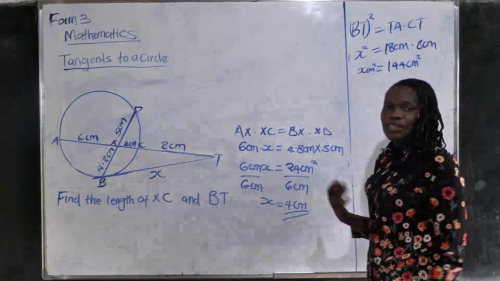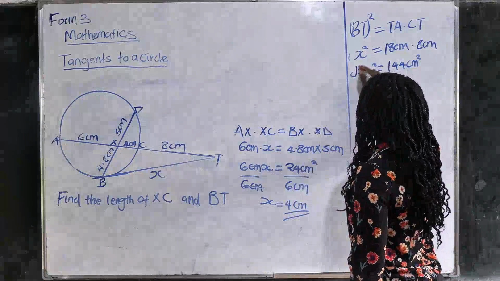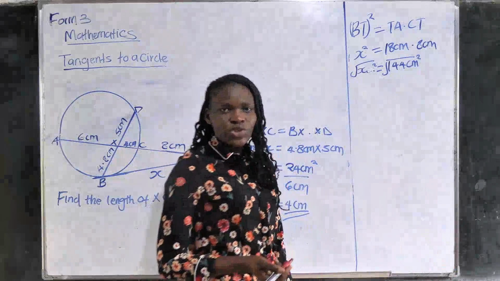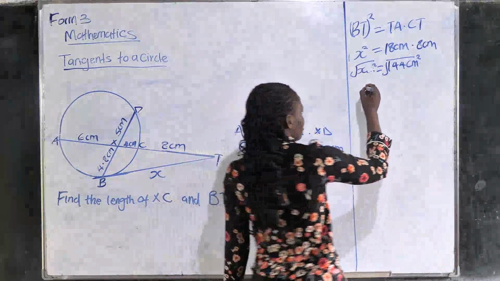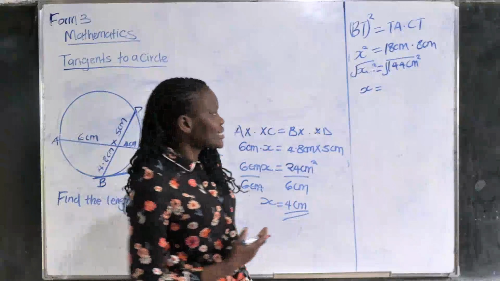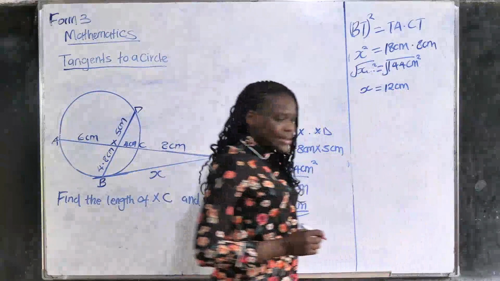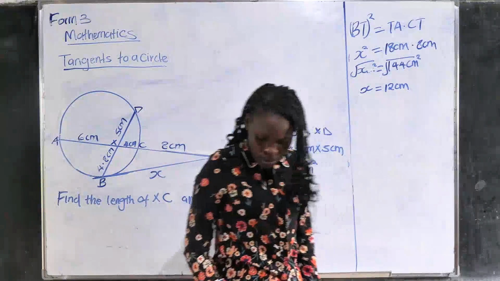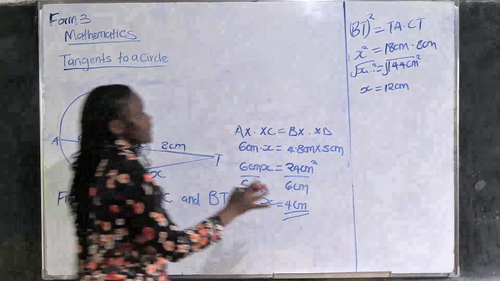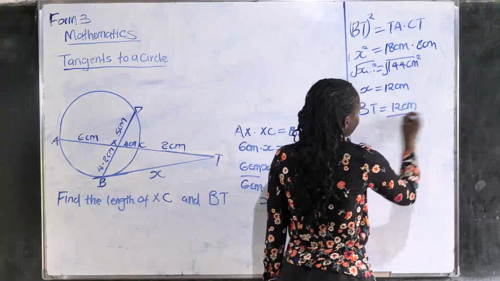For us to remove the square, we find the square root of both sides. The square root of X squared is X. The square root of 144 square centimeter is 12 centimeters. Now the value of X, that is BT. So BT is 12 centimeter.